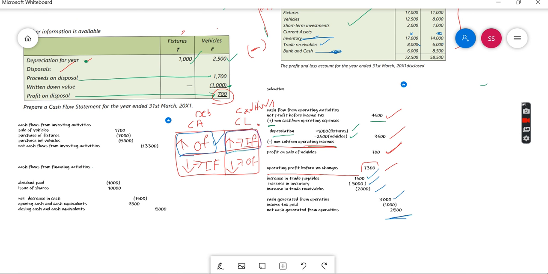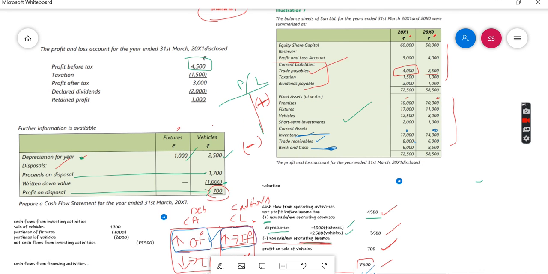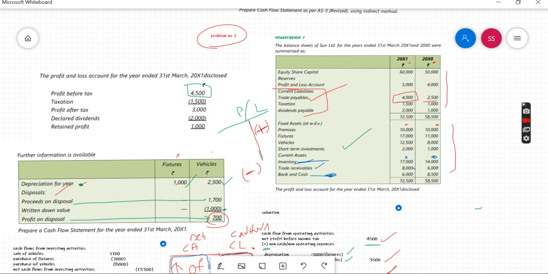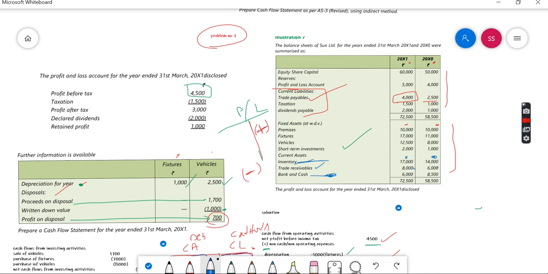So for income tax, we need to find out whether they gave any other taxation provisions like that. Here, if you see, they gave taxation. It was payable at the beginning of the year, 2,000 rupees in 2010. In 2001 it is 1,500, and what they actually paid is 1,500. So we can find out this is what was actually paid during the year.